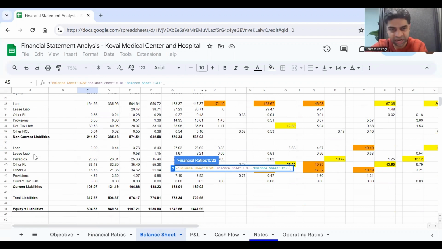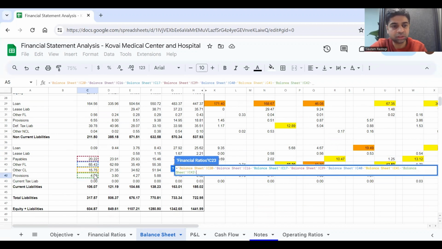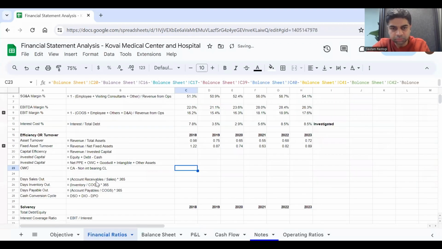More on lease liabilities later. And then minus payables, minus other financial liabilities, minus other current liabilities, provisions, current tax liabilities, all of that. Okay. So that is my current liability, and it's totally fine if it's negative.